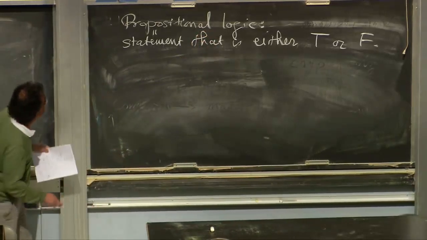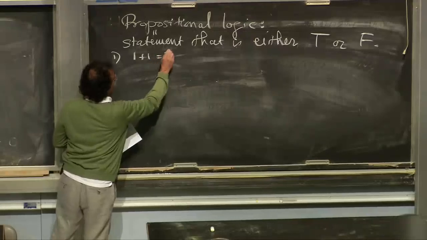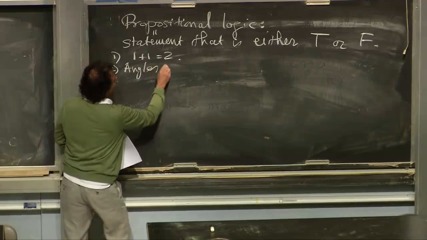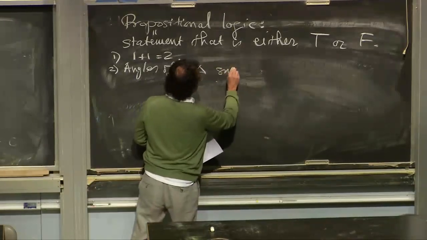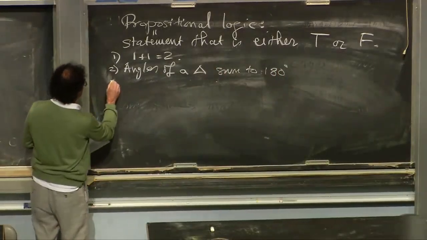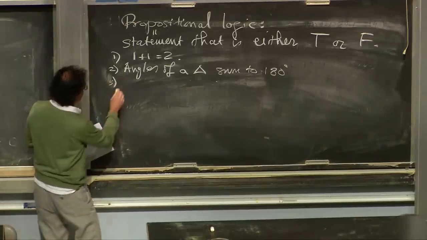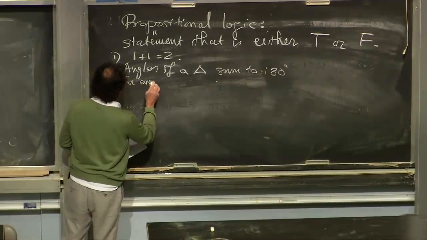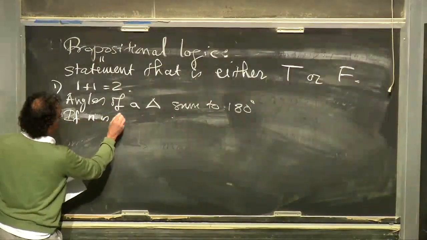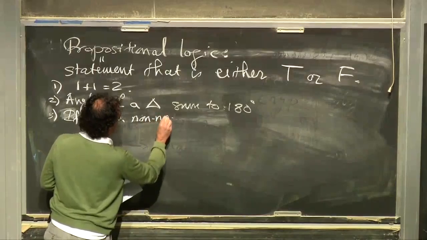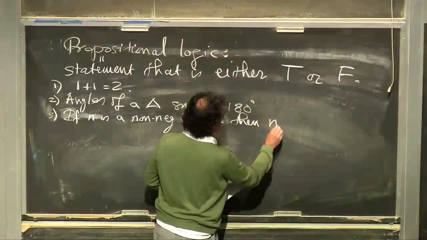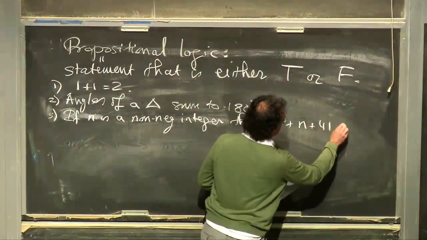Okay, so, propositions. 1 + 1 = 2. Angles of a triangle sum to 180 degrees. If n is a non-negative integer, then n squared plus n plus 41 is prime.